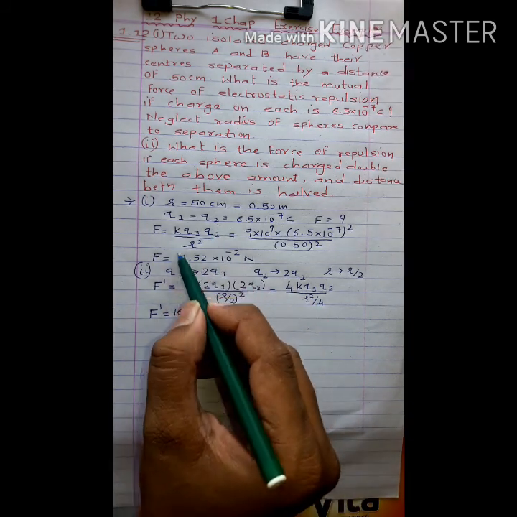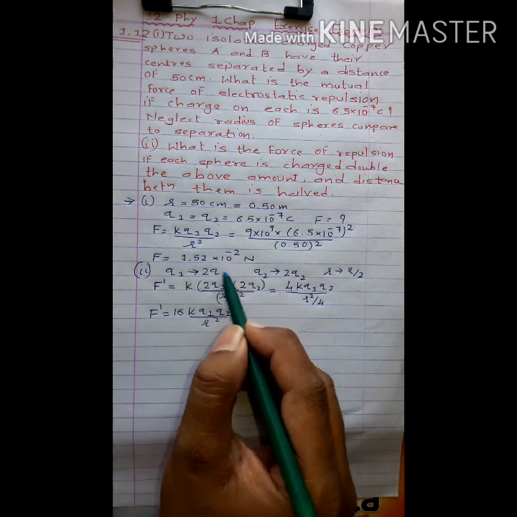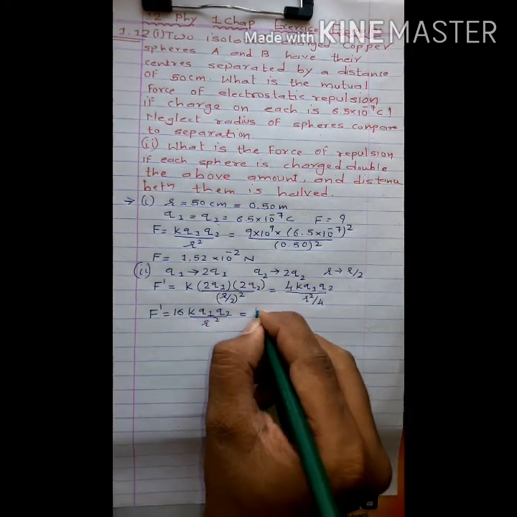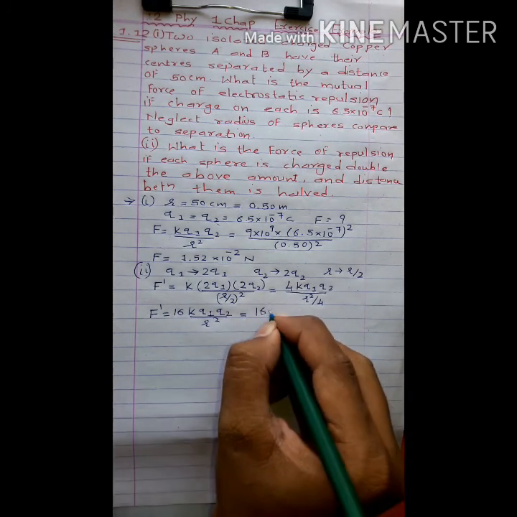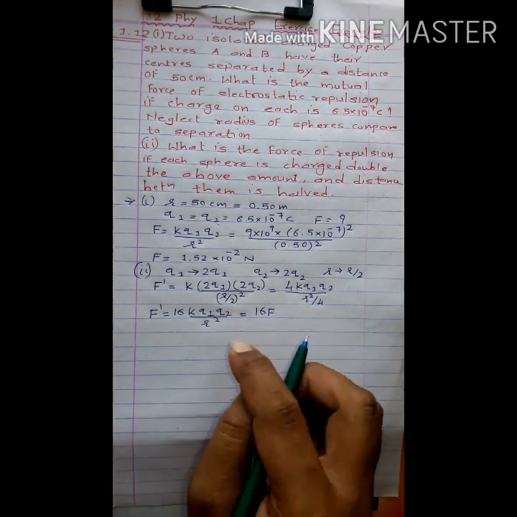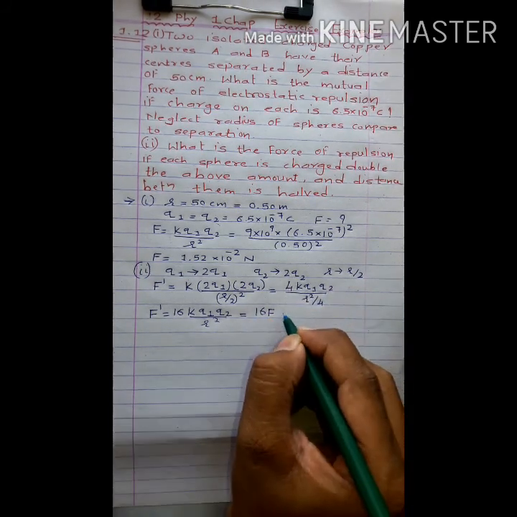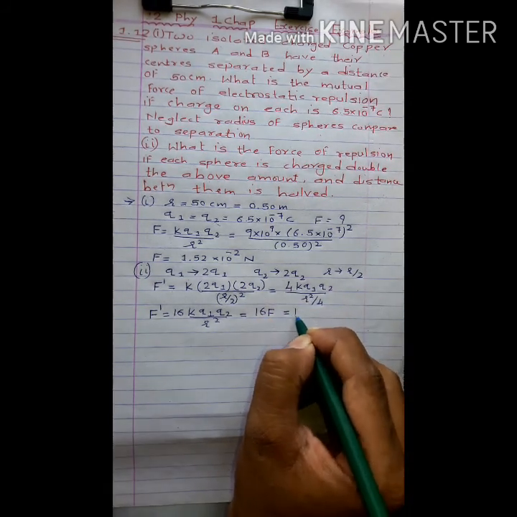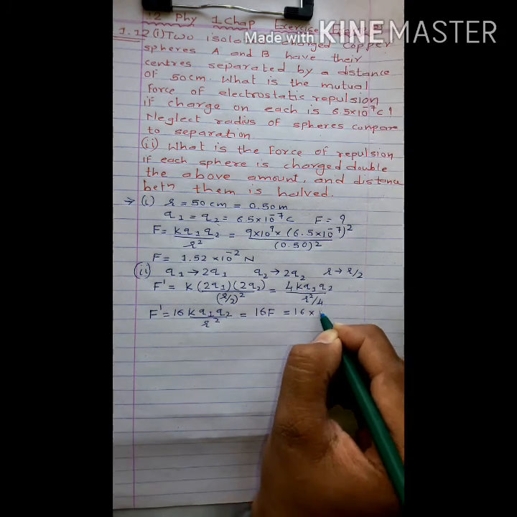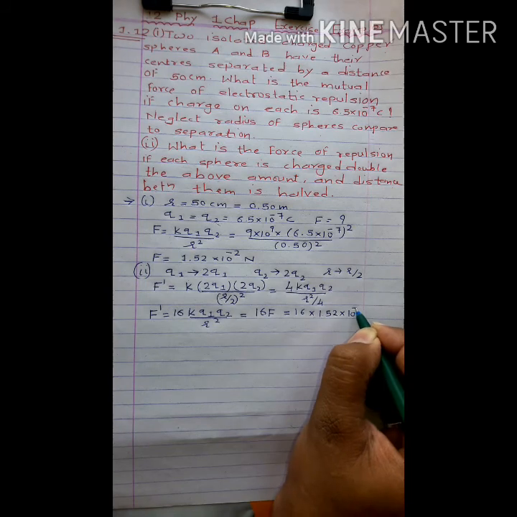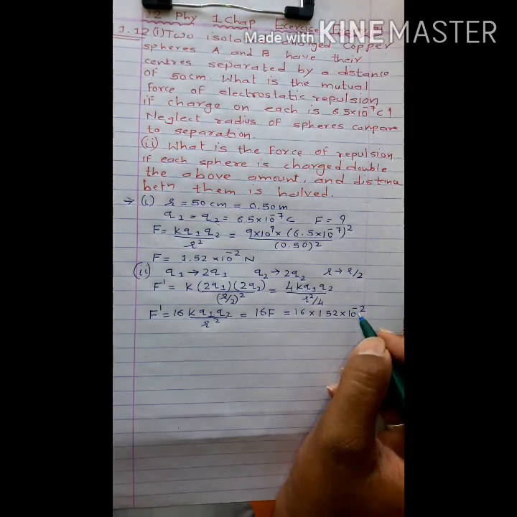Now K q1 q2 upon r square is nothing but our initial force F. So instead of K q1 q2 upon r square we will use the symbol F. So the new force F dash is equal to 16 times F. Now substitute the value of F. So 16 into 1.52 into 10 raised to minus 2 Newton.